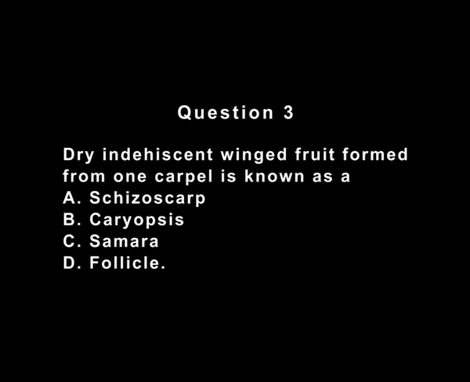Caryopsis is an achene where the pericarp of the fruit fuses with the testa. So it cannot be. Follicle is a dry dehiscent fruit which splits open along one edge. So the answer is samara. Option here is C.